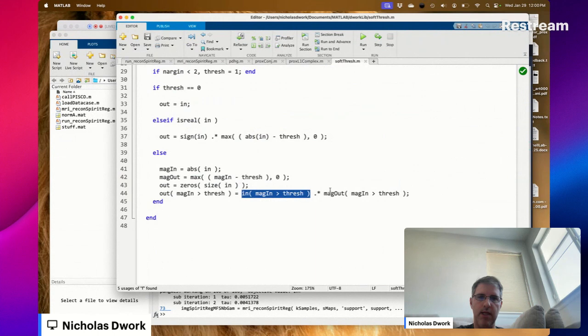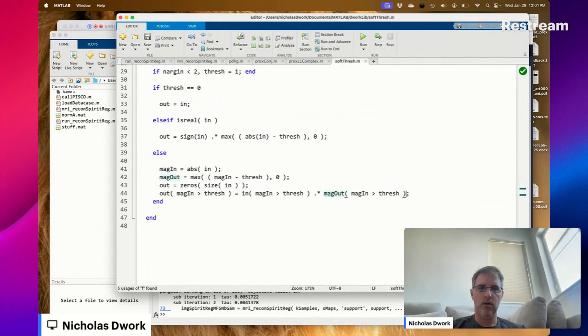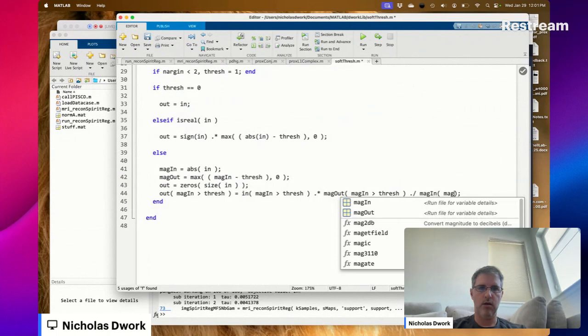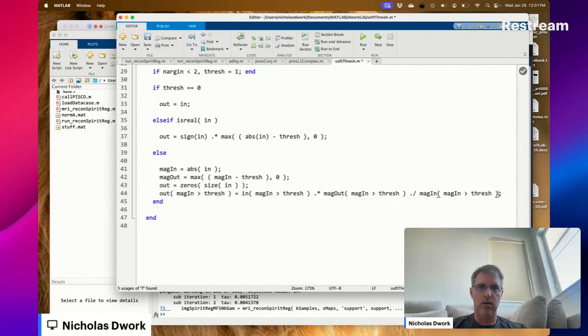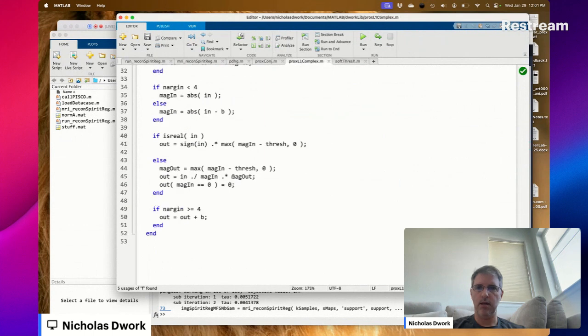So when we multiply it times mag out... Oh, mag in greater than thresh.